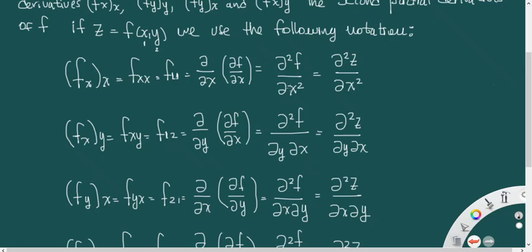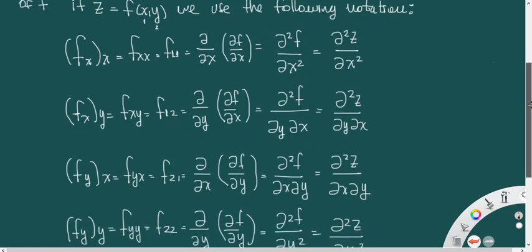Another notation is just del squared z, where z is the dependent variable, over del x squared, because we are differentiating 2 times with respect to x. Okay, maybe this will be helpful for you. Let's move to the next one.